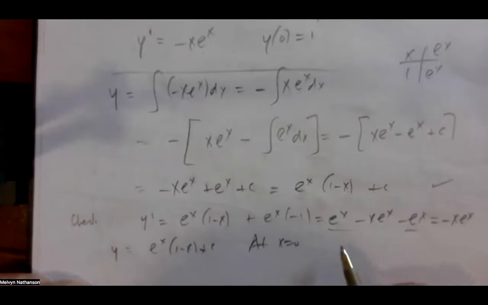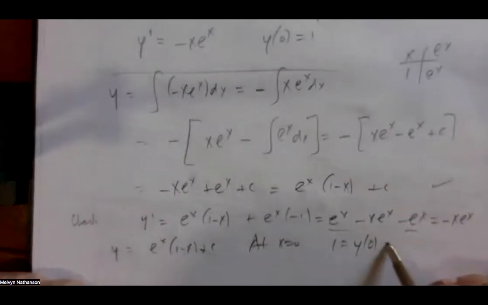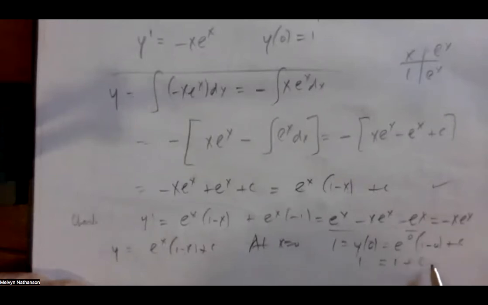And at x equal to 0, y of 0 is equal to 1. And when I plug x equals 0 into this, I get e to the 0 times 1 minus 0 plus c. E to the 0 is 1. So this is 1 plus c. So this says that c equals 0.